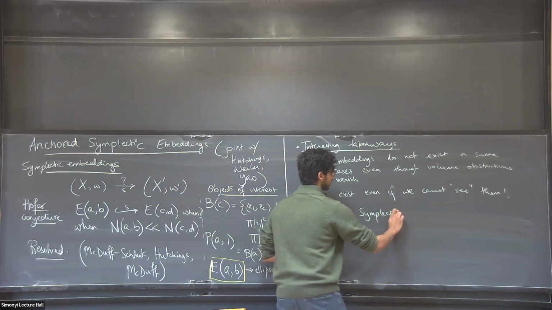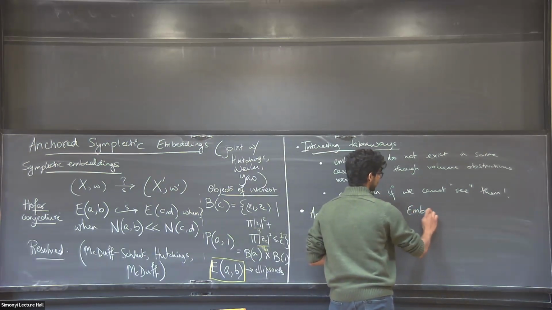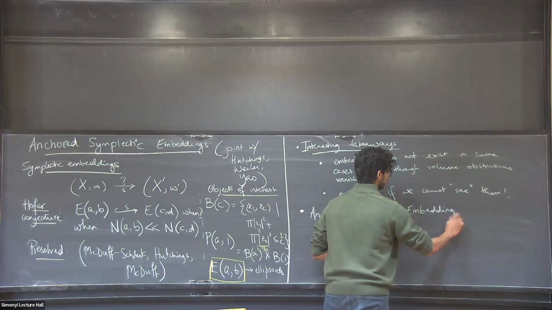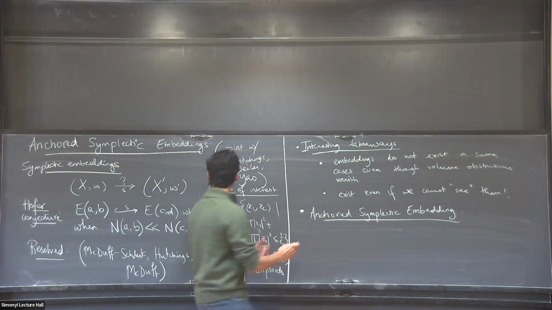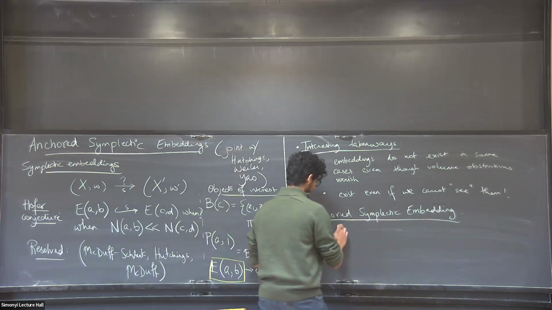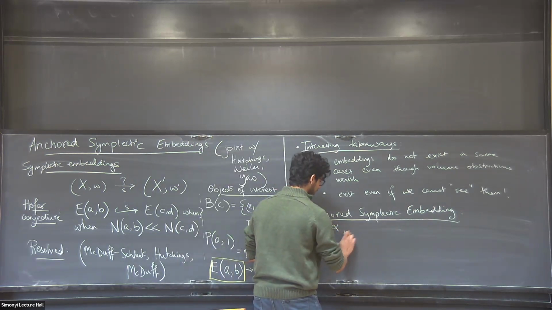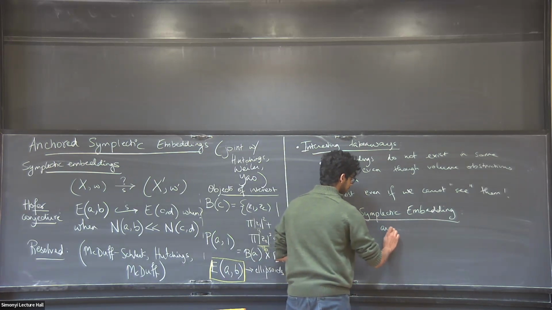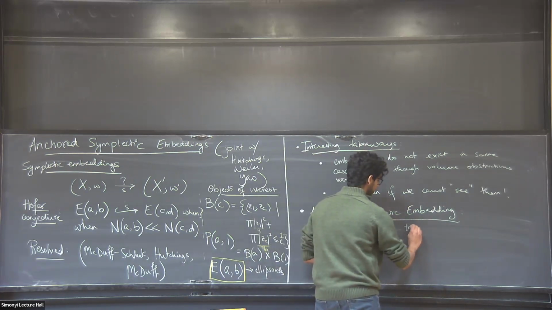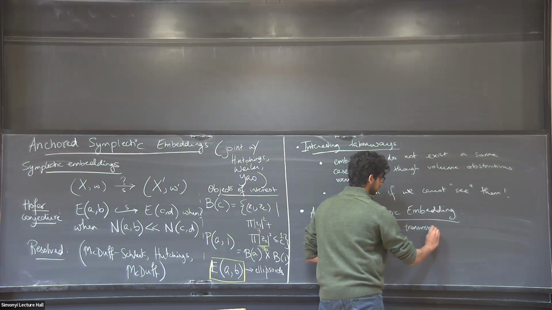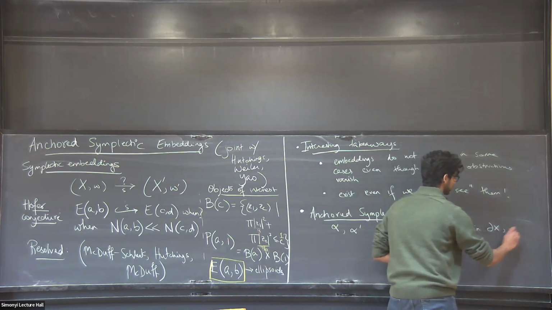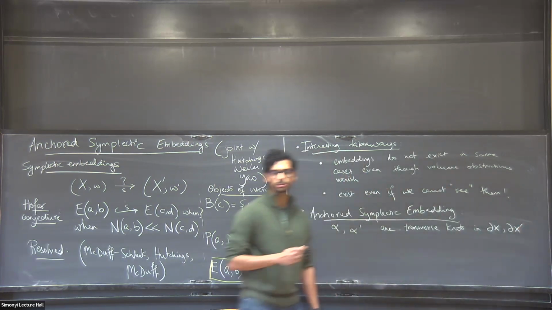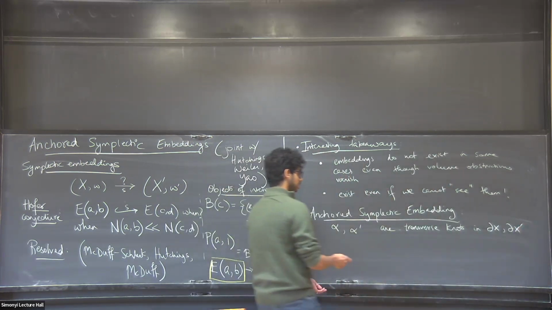An anchored symplectic embedding asks, can you have a symplectic embedding along with anchors? So alpha and alpha prime are, let's say, transverse knots in the boundary of X prime. So they're transverse with respect to these contact structures.